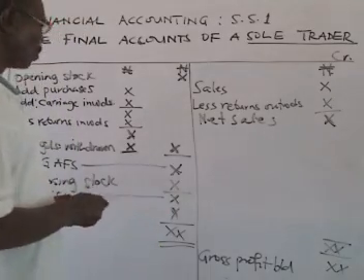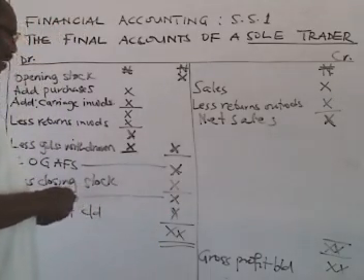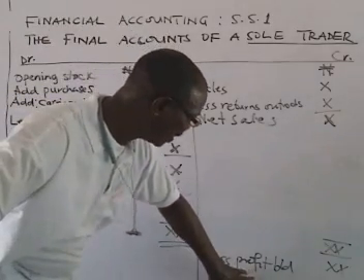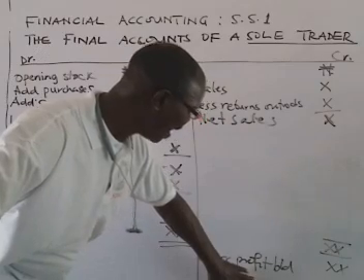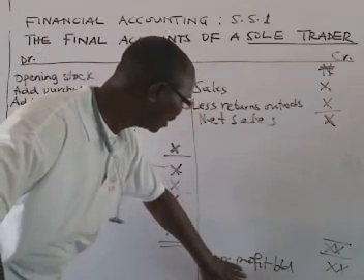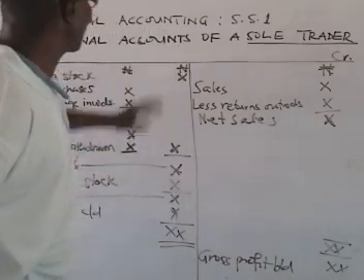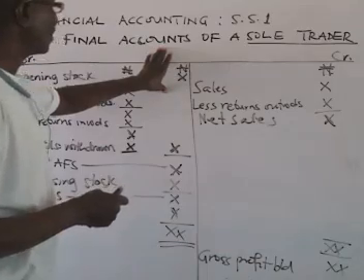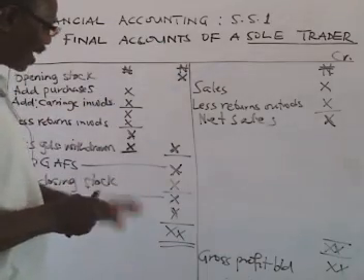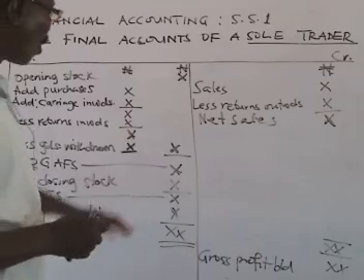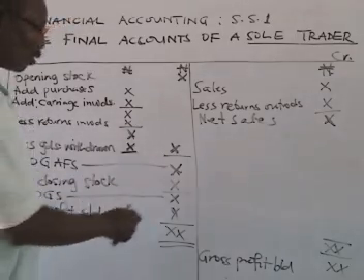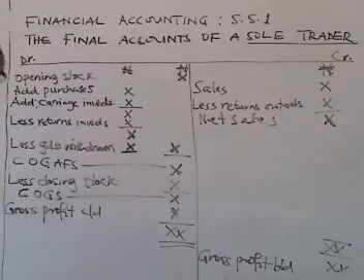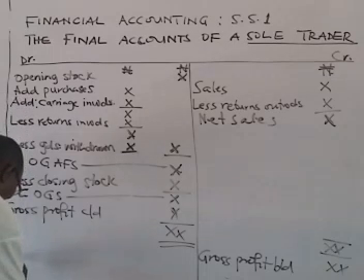Now, let's move to the other account, the P&L account. After you have derived your gross profit, as I said earlier, gross profit is derived from the trading account. What we have done here is called the trading account. But for the P&L account, you have to subtract all the expenses from the gross profit. That will give you what is called net profit.